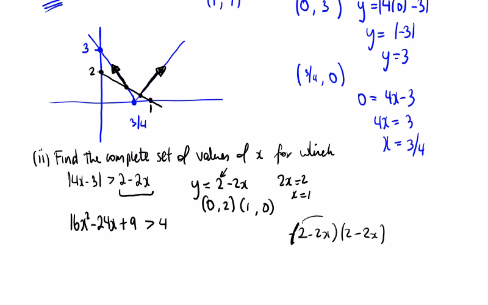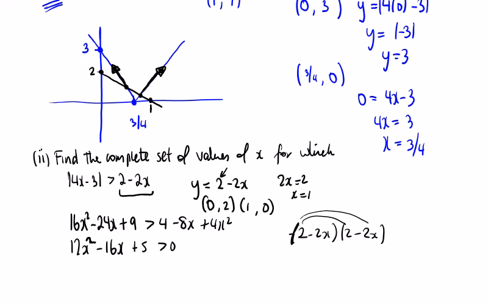But you can see it's going to be 4 minus 4x twice minus 8x, and we're going to have plus 4x squared. And if we bring all of them to the left, we're going to have 16x squared minus 4x squared, 12x squared, minus 24x plus 8x, so minus 16x, and 9 minus 4 would be plus 5 and greater than 0.